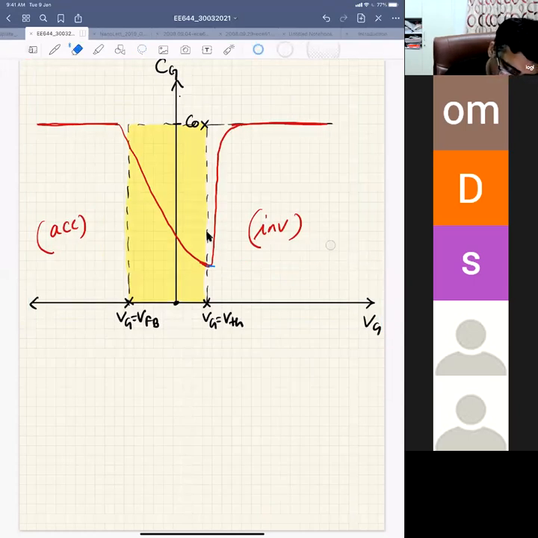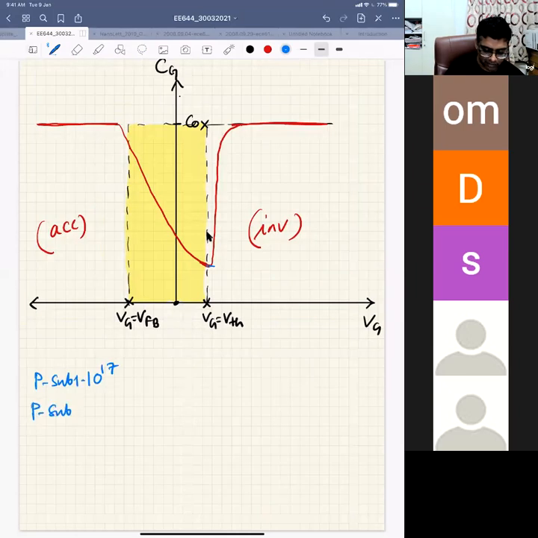Okay, now your threshold voltage changes. Let's say you have two cases. One case, I have a substrate doping, P sub 1, of 10 to the 17. And other case, I have P sub 2 as 10 to the 18. How will the CV characteristics change?